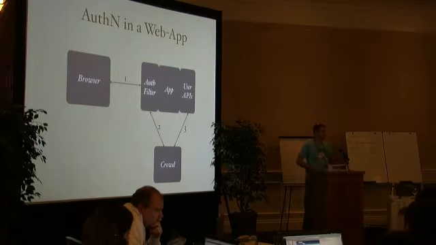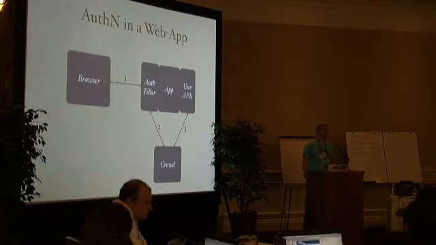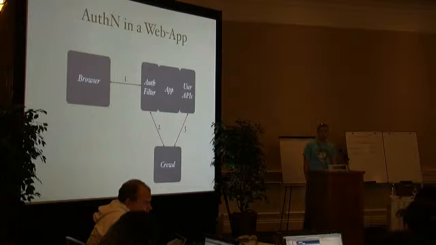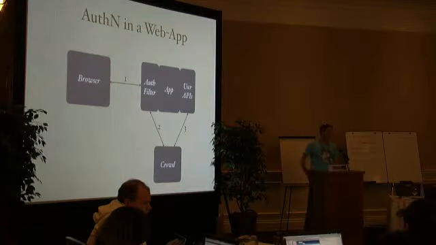You read the token out of the cookie and find some way to figure out if that's actually a real user. In this example, we're using Crowd, so you call out to Crowd and go, hey, somebody gave me this long string of garbage. Is it actually a real user? And if so, who are they? Crowd checks, goes back and goes, yep, that's Paul. You do your stuff in the app, and then you return.